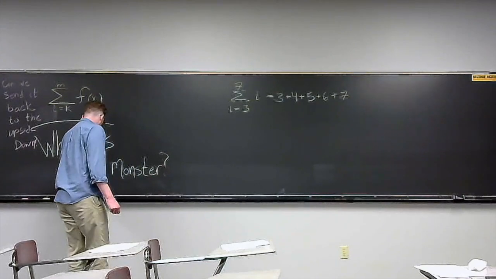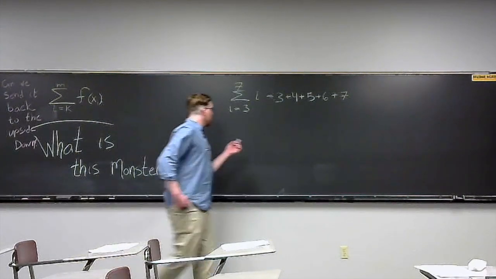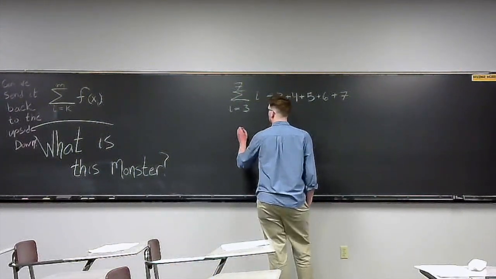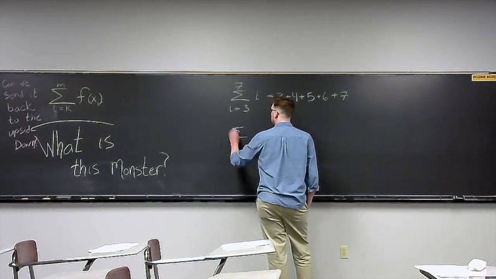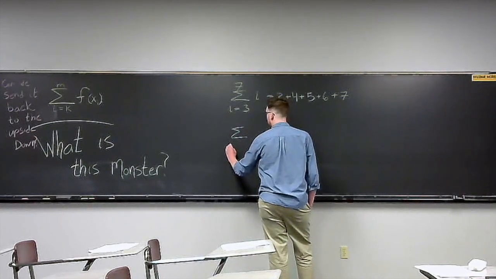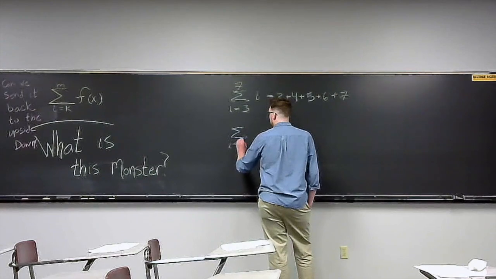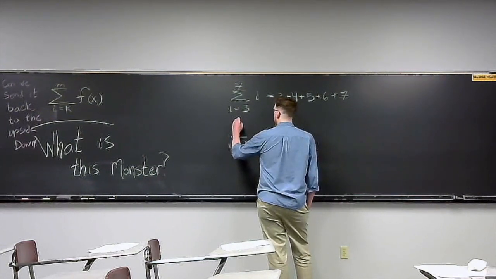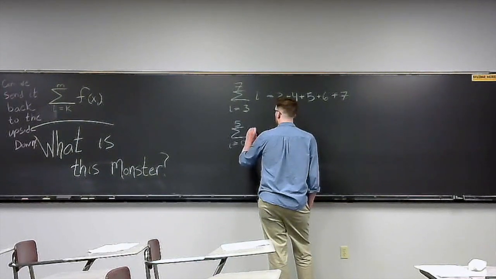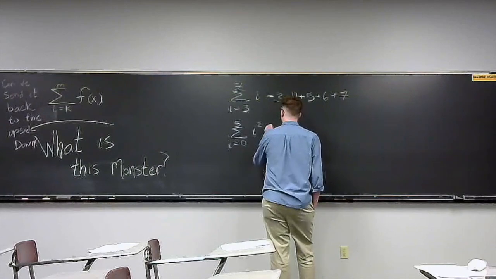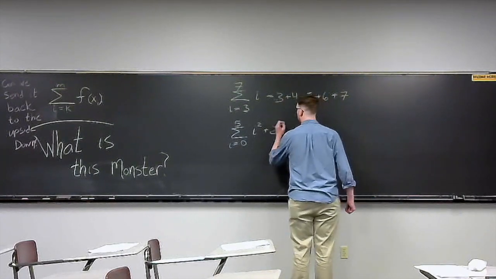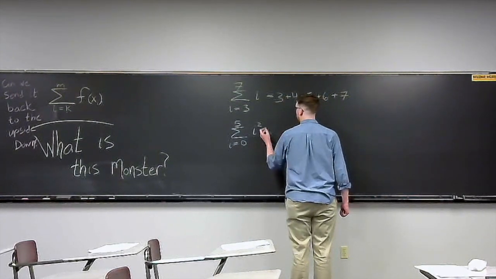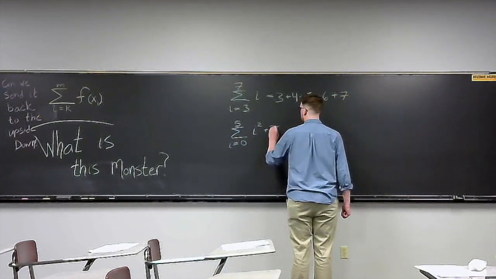Now, another way to see it is with another example. Let's say this is from i equal to 0 up to, I don't know, let's say 5. And we want to use i squared plus 2. Actually, let's use i squared plus pi.